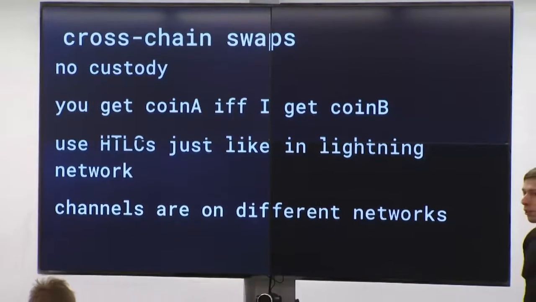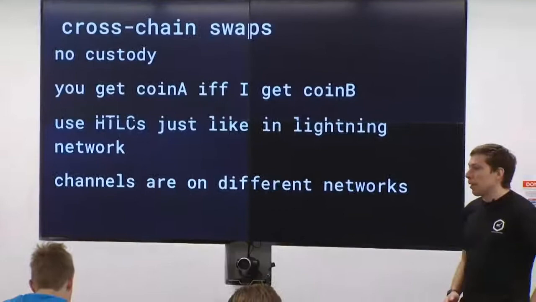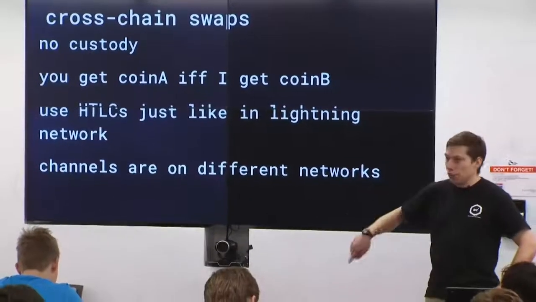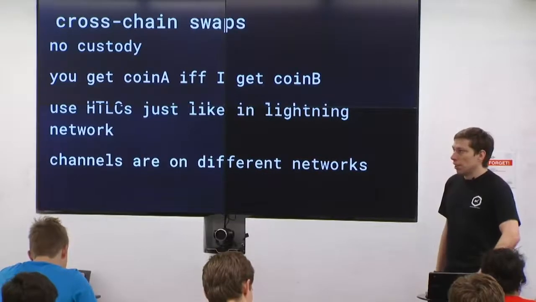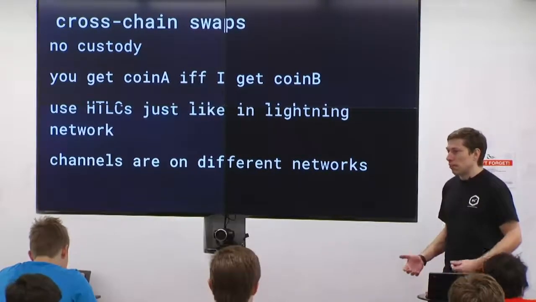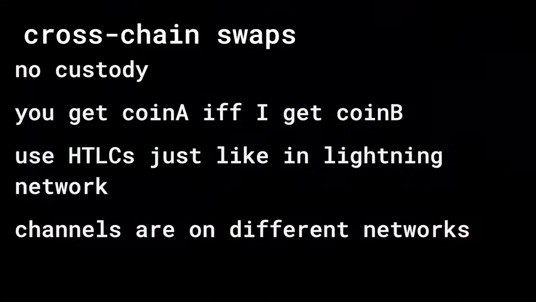The Lightning Network is a way to make atomic payments between different channels. And if you ask whether the channels have to be on the same coin, or the same blockchain, basically, no. Not much difference has to happen for them to be different blockchains.